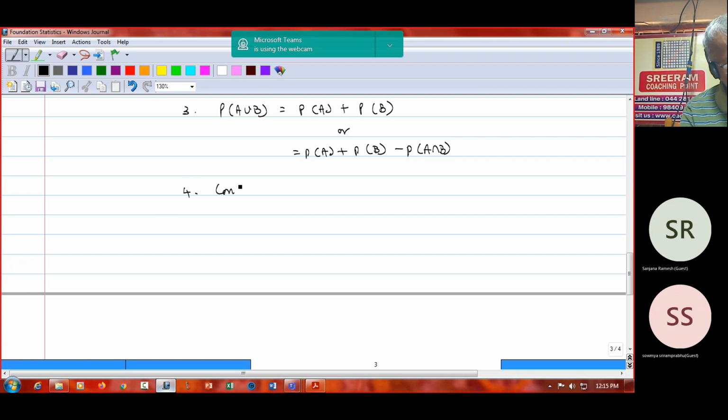What do you mean by conditional probability? Any idea? So, some conditions based on the sample space. This condition is wrong. Example.